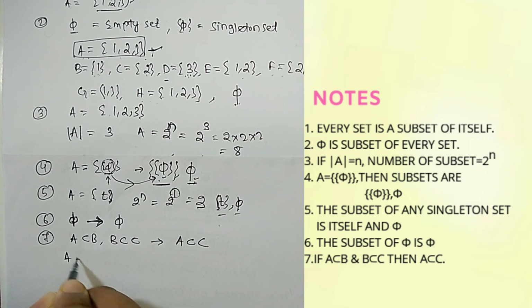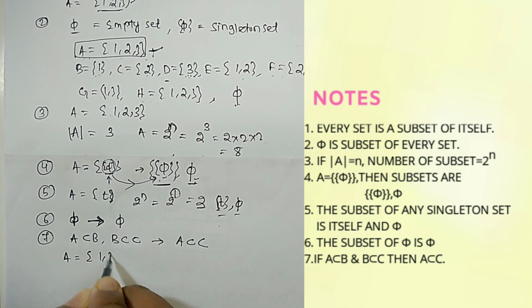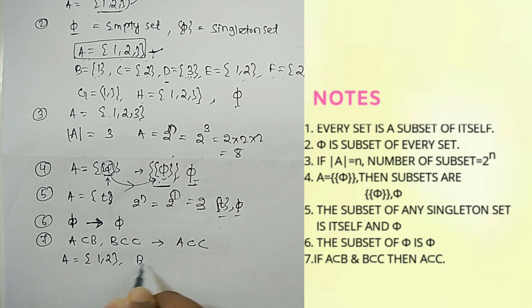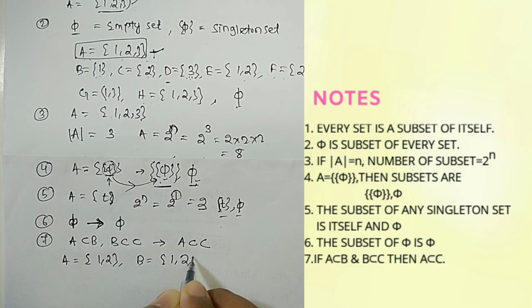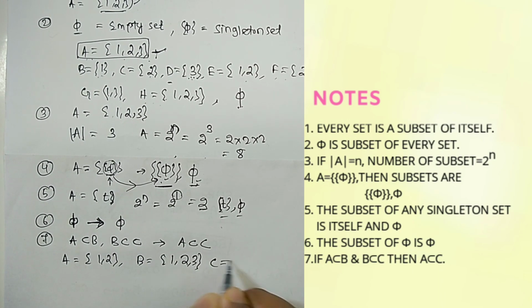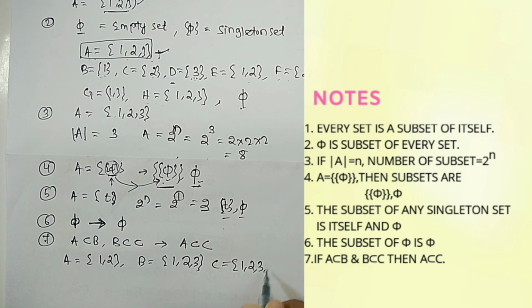Let us consider the set A, which contains 1 and 2. Again, the set B, which contains 1, 2, 3, and the set C contains 1, 2, 3, 4.